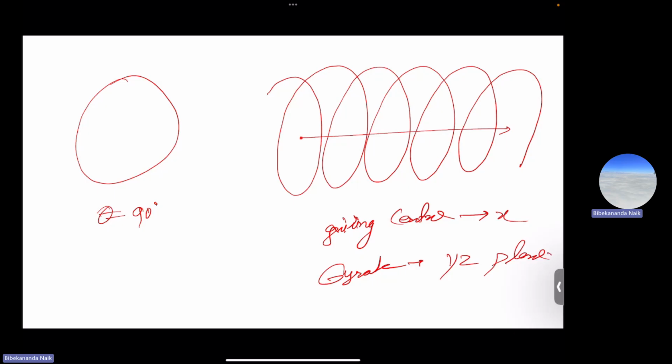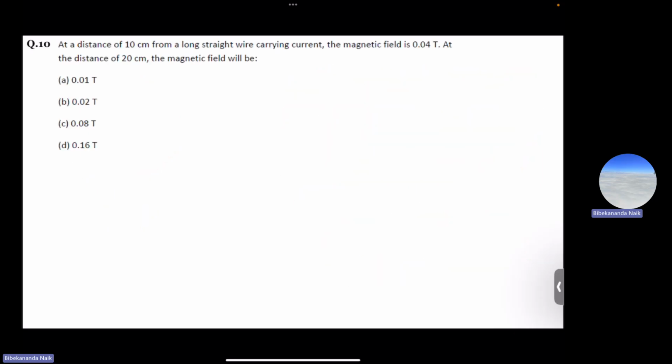Now let's move to question number 10. Question number 10 says, at a distance of 10 centimeter from a long straight wire carrying current, the magnetic field is 0.04 Tesla. At a distance of 20 centimeter, the magnetic field will be? When a conductor carries current, it produces a magnetic field around it.